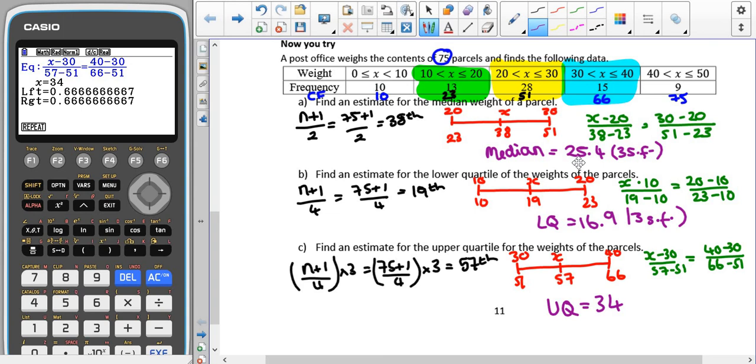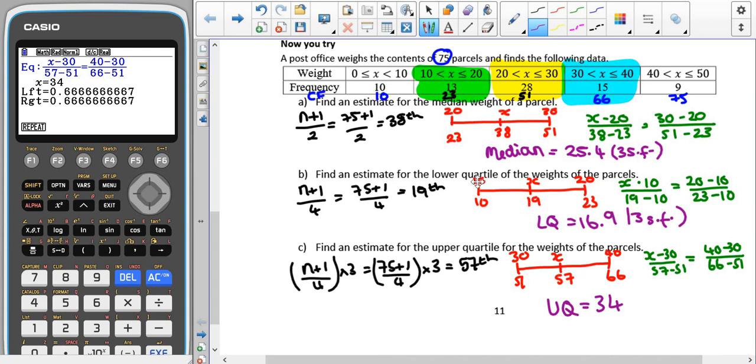to 3 significant figures. Then for the lower quartile, remember that's n plus 1 divided by 4, so that's going to be 75 plus 1 divided by 4, which means that our lower quartile is going to be the 19th piece of data. Here I've coloured that in green, because we can see that that interval there ends at 10, this one ends at 23, so somewhere in that interval is going to be the 19th piece of data.